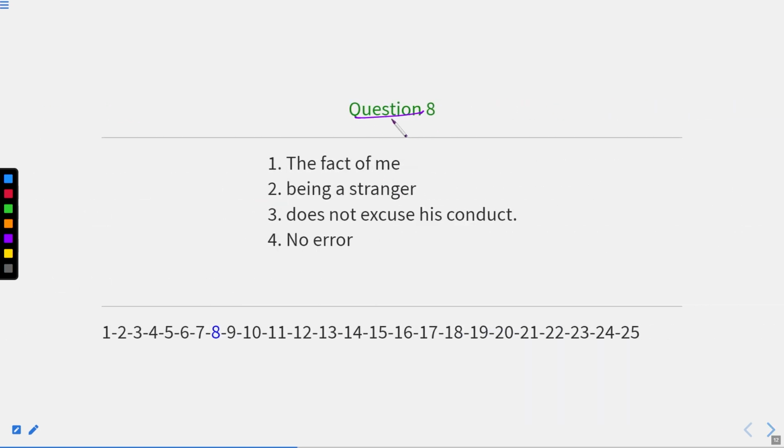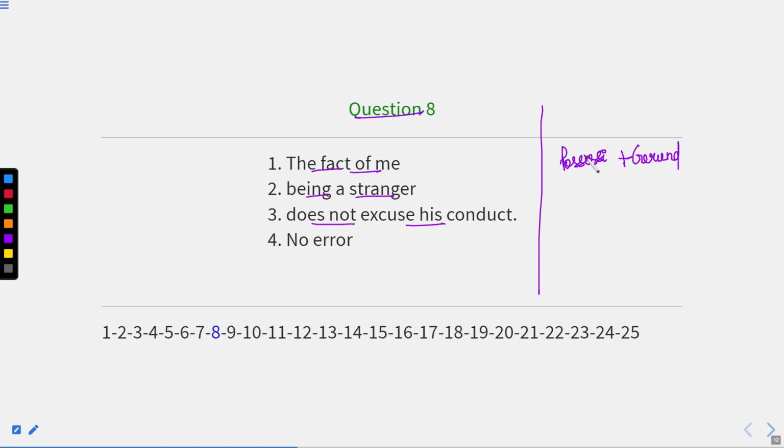This is question number 8 now. The fact of me being a stranger does not excuse his conduct. Now whenever we have any gerund in the sentence, we should always use the possessive case before it.